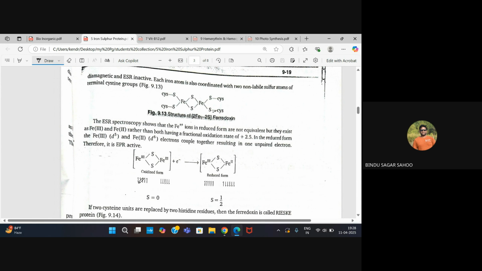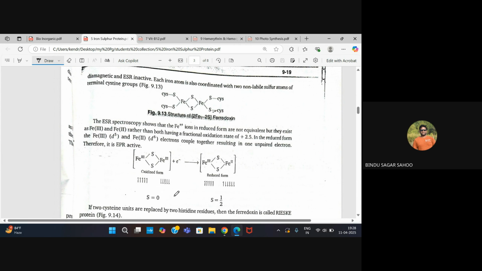Then in every d orbital there will be a single electron. Here also Fe3+, in every d orbital there will be a single d electron. So the spin of these five unpaired electrons will be cancelled by the spin of the other five d5 electrons. So here the net spin value will be zero. Net spin value will be zero.